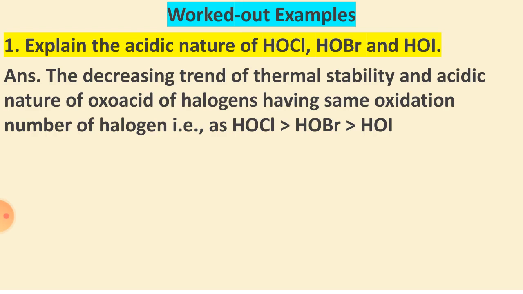As you know, Cl is more electronegative, so HOCl is more acidic than HOBr, and Br is more electronegative than I, so HOBr is more acidic than HOI. Like this you can write the decreasing or increasing order of acidic nature of oxoacids.